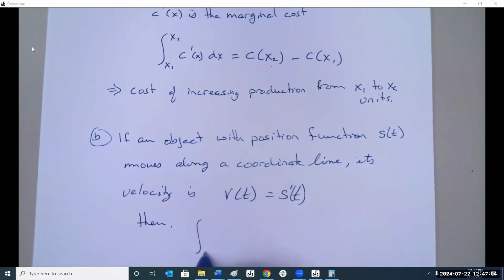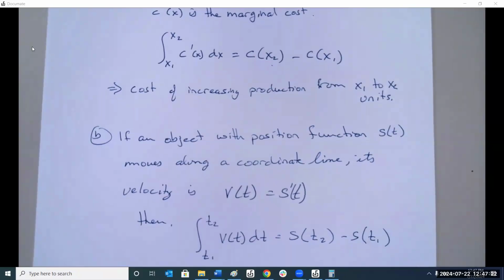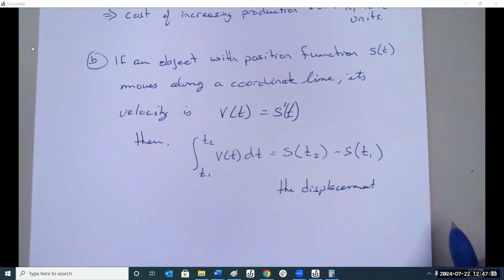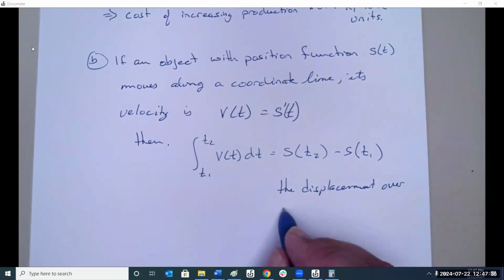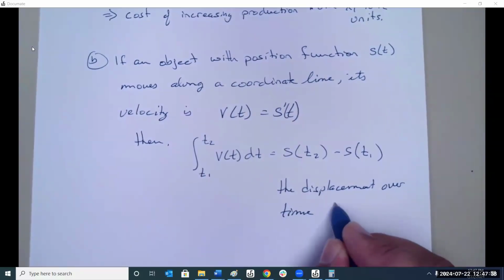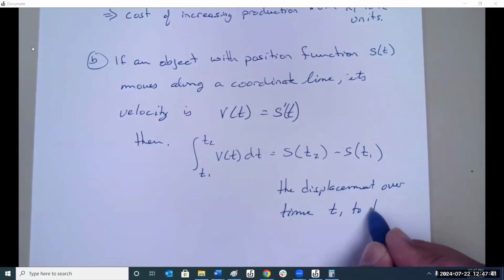Then the integral from time 1 to time 2 of the velocity is simply the position function at t2 minus position function at t1. This is displacement over time, t1 to t2.